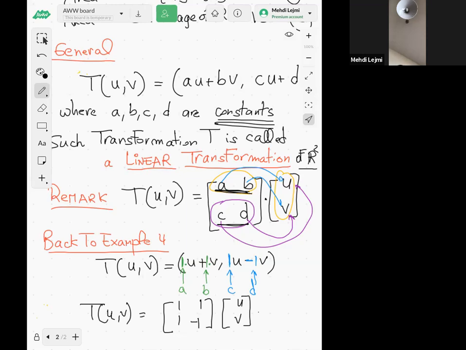Okay, so I hope it makes sense to you guys. That's what I call a linear transformation: a constant times U plus another constant times V in both components.